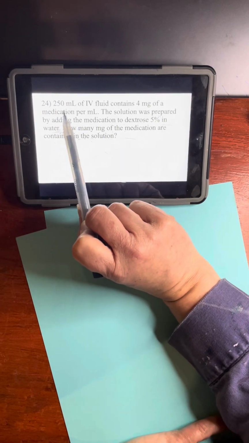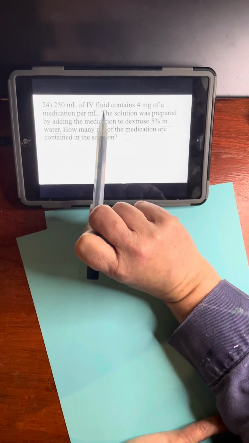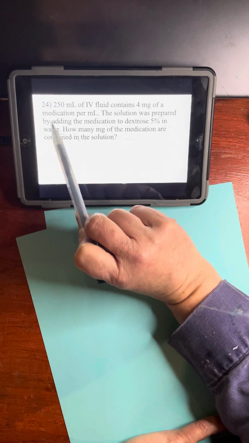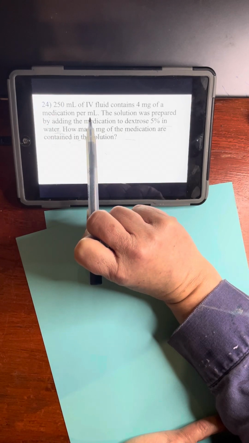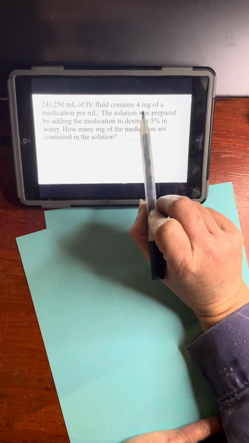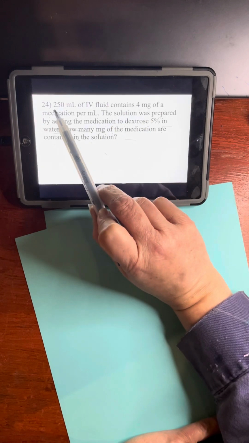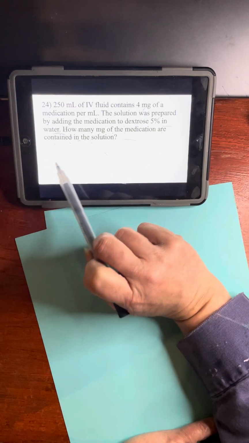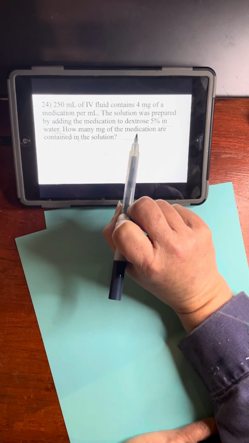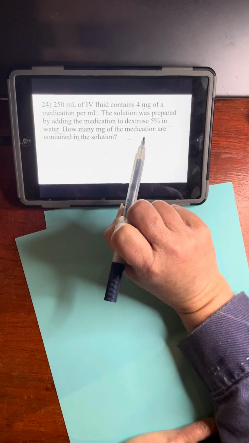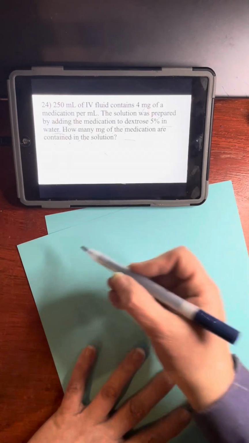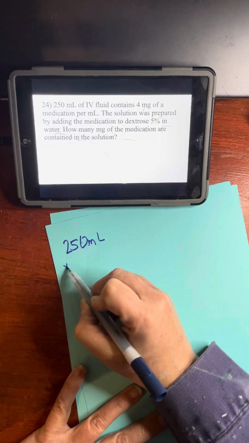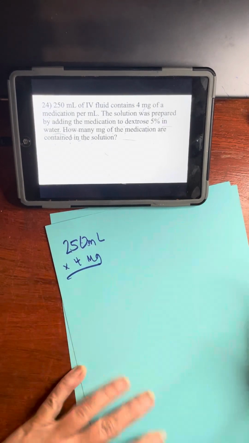So look, 250 milliliters of fluid contain 4 milligrams of a medication per milliliter. So 1 milliliter has 4 milligrams. If I have 250 milliliters, I can multiply it by 4 milligrams to find out what's in the whole thing. You see that? So we would do 250 milliliters times 4 mg.